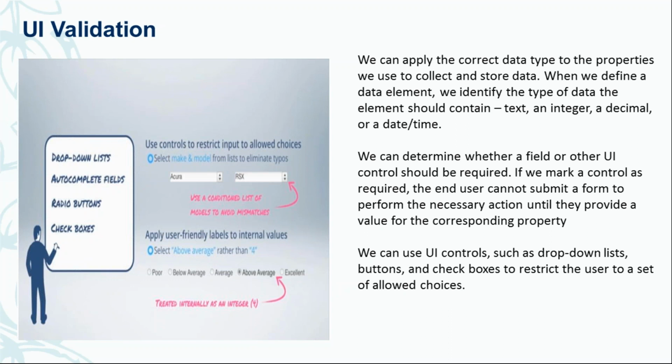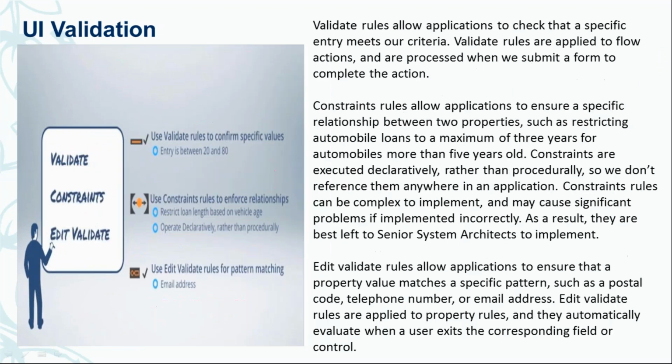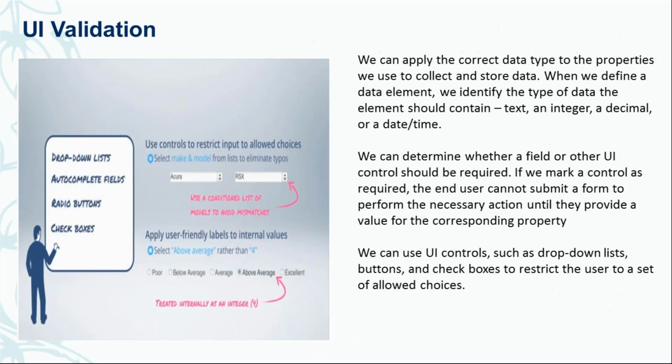Okay, so you have different ways to get the validation. The first feature Pega provides is the type, which we have discussed. We have decided what the type of the field is. Text should contain only text, integer should contain only integer, and date will contain only the format of a date.